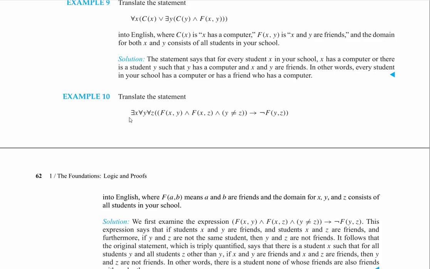Okay, that's more complicated, so let's read it one more time. There exists a student x so that for all students y and z, y not equal to z, that first student is friends with both of them. That implies those two friends are not friends of each other.